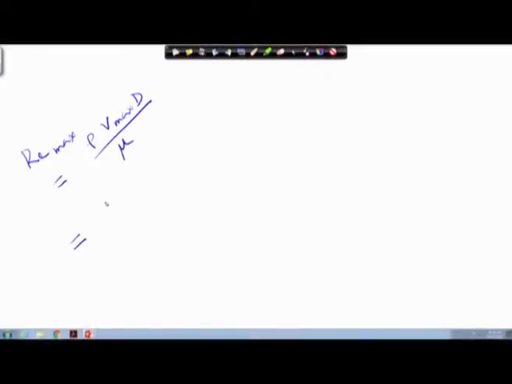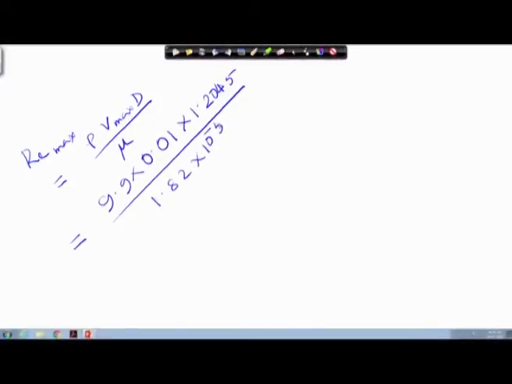This becomes 9.9 multiplied by 0.01 meter, the diameter, and 1.2045, the density of the air, divided by the viscosity 1.82 into 10 to the power minus 5. This gives you the Reynolds number 6549. Once we have determined the Reynolds number, we can look for the appropriate correlation.